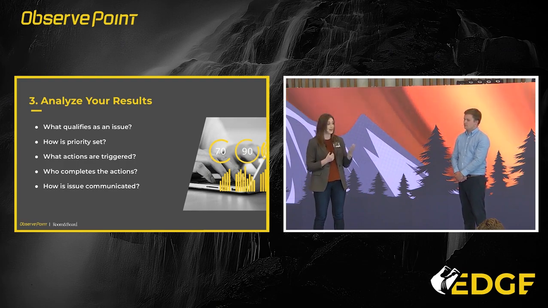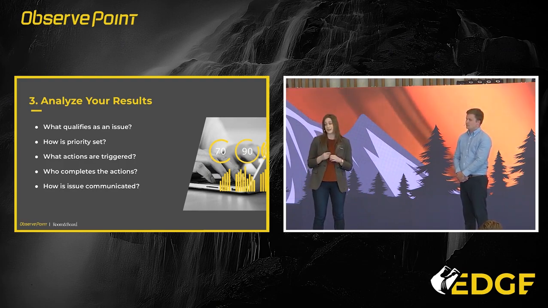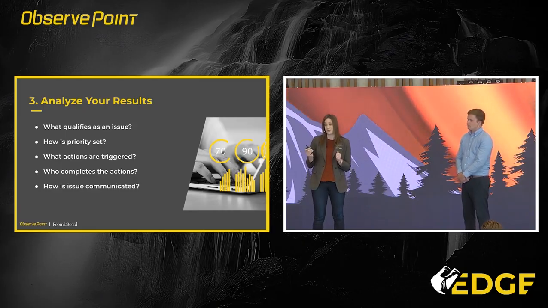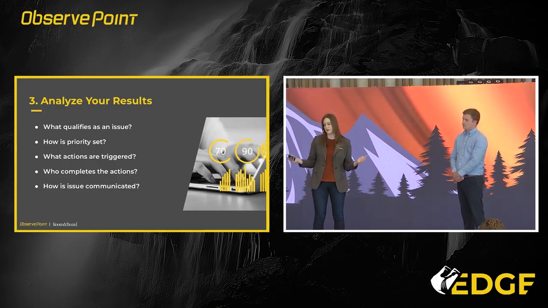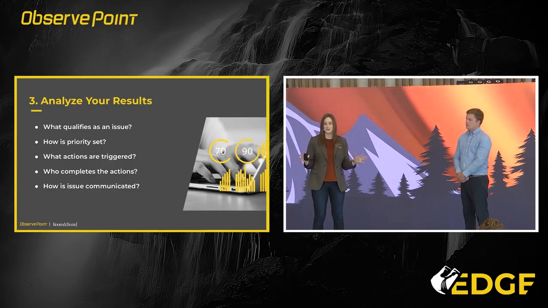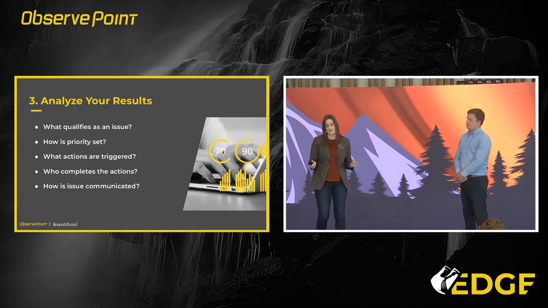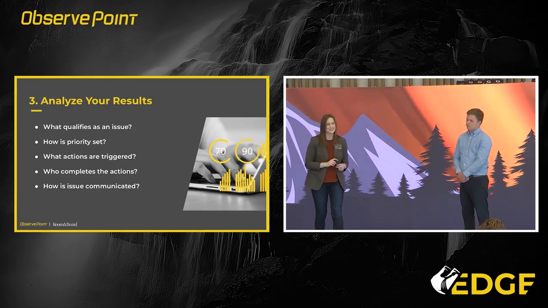Is it the fact that your analytics tag isn't picking up the fact that someone placed an order on your website? Or is it as little as a link is redirecting and you don't want to belabor your customer's experience? There's so many options that you can choose, but talk to your partners and figure out what those are, define them, and then prioritize them, which gets into our next piece.